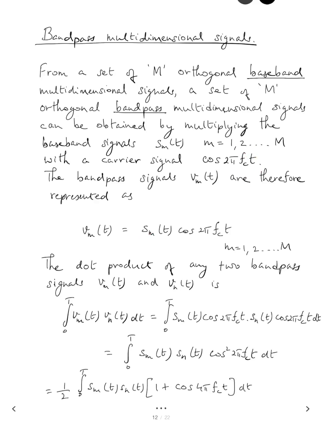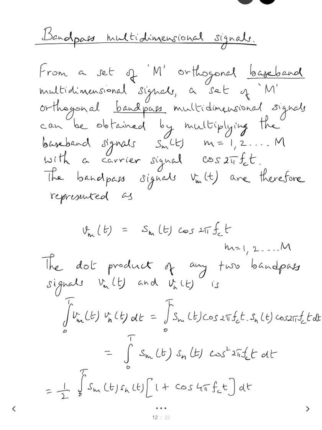So multiply the baseband signal with the carrier signal, and that will give you the band pass signal. And what we are going to see is, if we start off with baseband signals which are all orthogonal to each other, the corresponding band pass signals that we generate will also be orthogonal to each other, and so on.